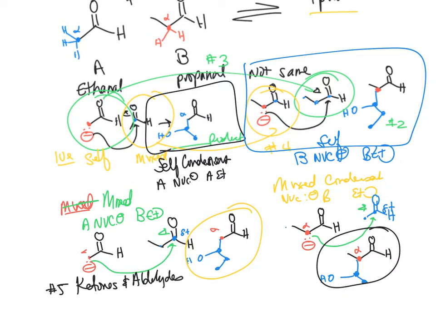Okay? Which of the following would be a stronger electrophile? Okay, so between ketones and aldehydes. Okay, so you're talking about this alpha carbon being acidic. This has electron donating groups. Okay, this does not.